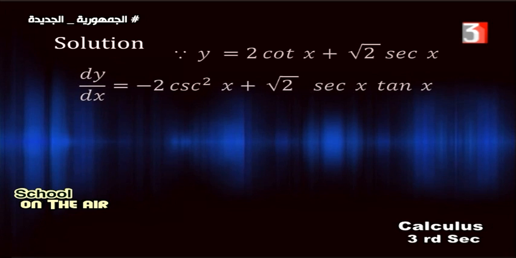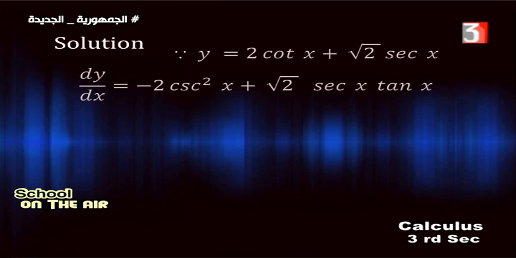Then the derivative of 2 cotan x is negative 2 cosec squared x, plus square root of 2 is a coefficient of sec x. Then the derivative of sec x equals sec x tan x.